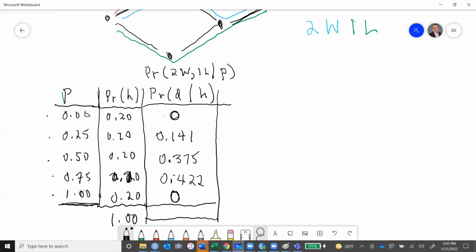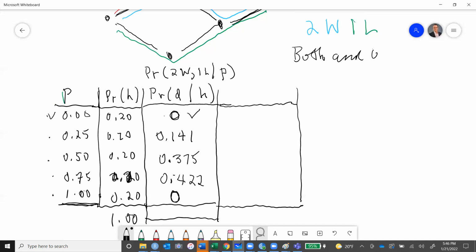Okay. Now the next thing is the thing that we also use our counting principle for, we're going to use again here. We're going to multiply these two together. And this is going to be an important number for us. We're going to say that both this hypothesis of 0 and this probability of seeing the data given that hypothesis is 0, both and, one each, and the other, we multiply those.